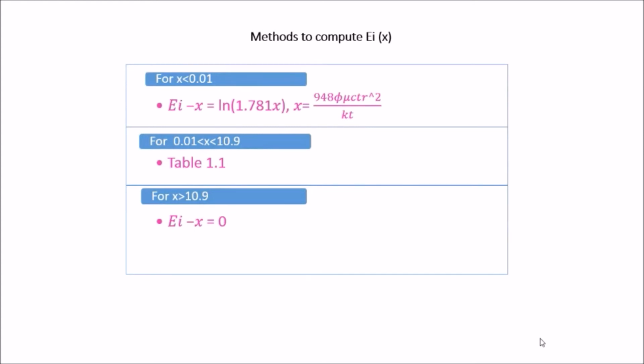If x is less than 0.01, then we will have the equation using ln 1.781x. If the value of x is 0.01 until 10.9, then we can see the EI value in the table. But if the x value is greater than 10.9, the EI value will be 0.